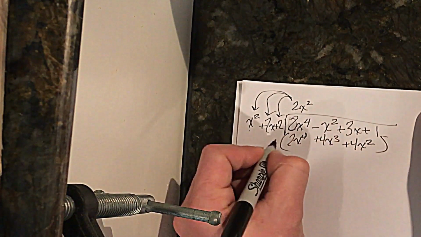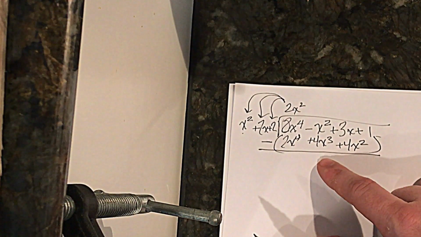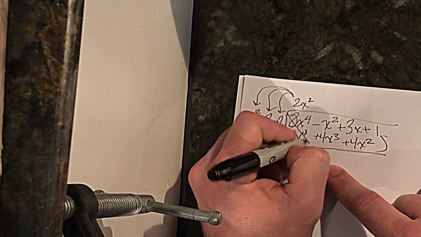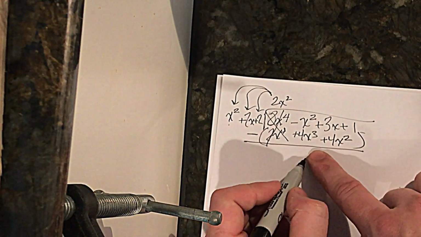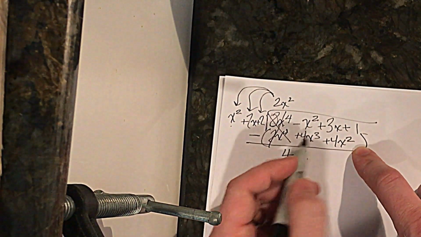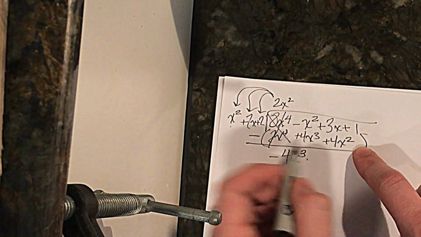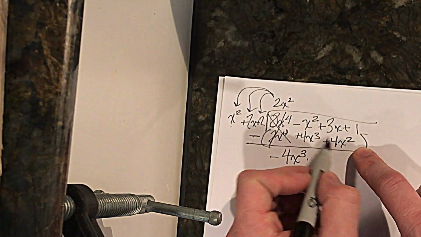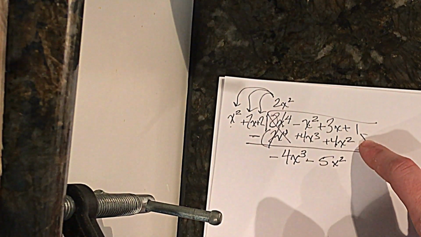Now let's subtract. We're going to cancel that out. We've got no match for our cubed family, so that's going to come straight down. And then my squared family, I have negative 4x squared minus x squared is minus 5x squared.